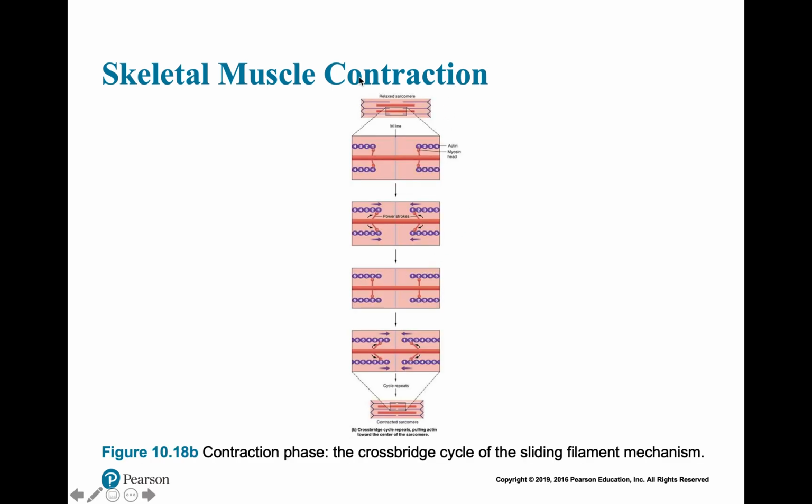This is an image. It's hard to see on here because it's so small, but it is an image in your book, and it helps break it down so you can see it has the actin numbered so that you can see when the myosin head binds and undergoes power stroke and then detaches and then goes back into the cocked position and binds and then power stroke.